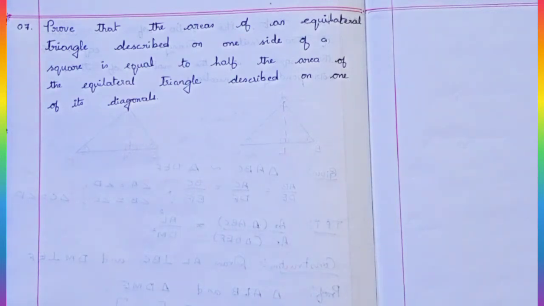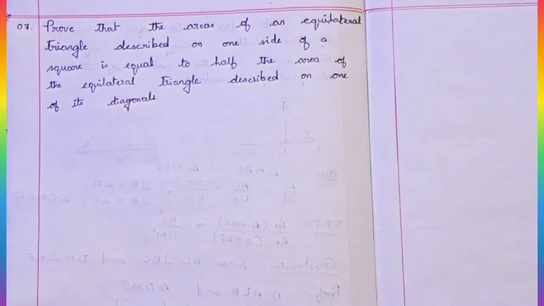So in the question they are saying that there are two equilateral triangles. We know which type of triangle is called an equilateral triangle. If all sides are equal, then it is called an equilateral triangle. Obviously all the angles will be equal, each angle of the equilateral triangle will be equal to 60 degrees. There are two equilateral triangles. One of the equilateral triangles is described on one side of the square.